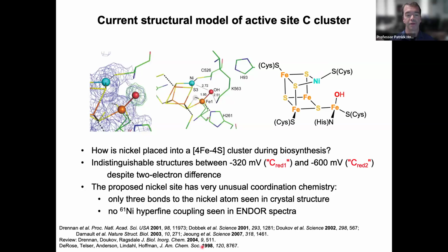Also, when nickel 61 substitution was used, there's very little hyperfine coupling to that nickel, indicating that there's not much spin density on the nickel. And that's strange because it's part of an iron sulfur cluster.